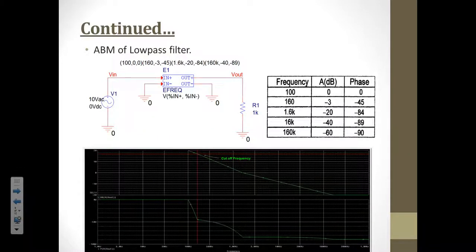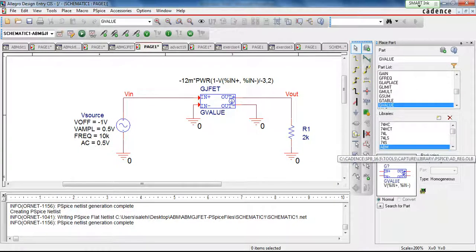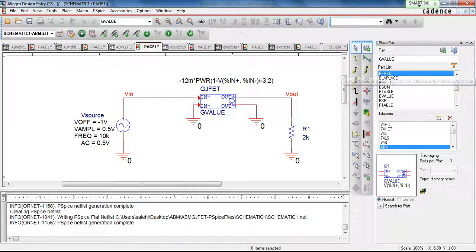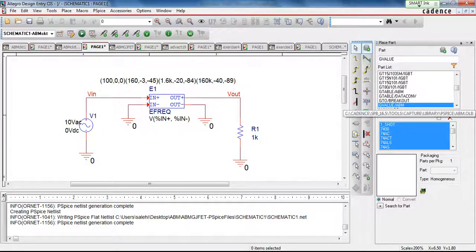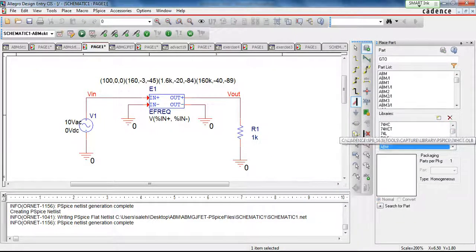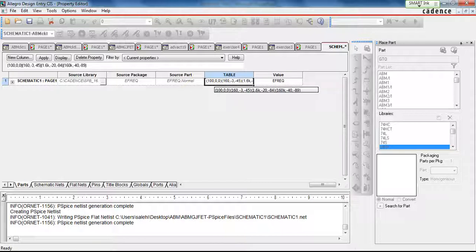You can also even model a low pass filter using ABM libraries. For this purpose, you need to pick an E frequency block in the ABM library, put it in a circuit together like this, double click on that block, go to table and set the frequency, magnitude and phase.